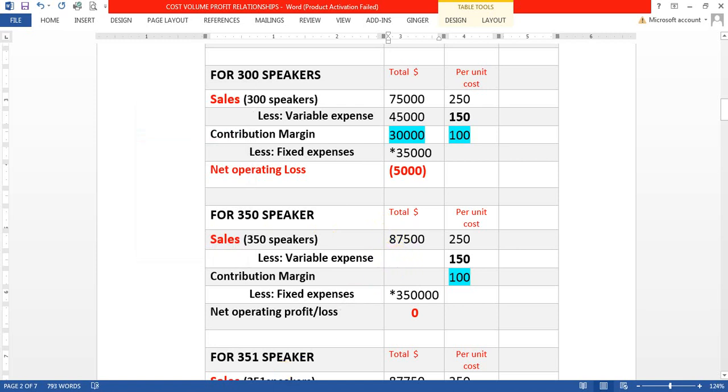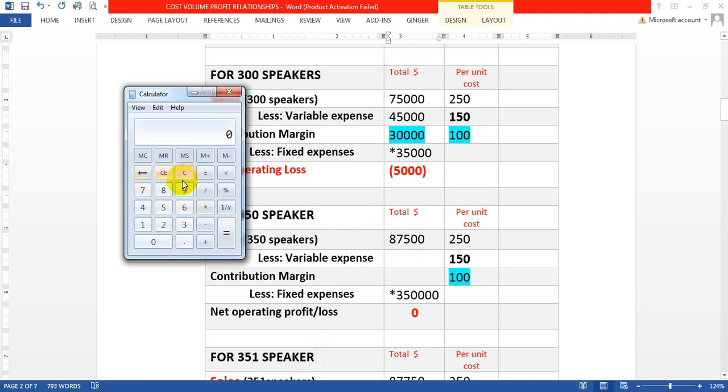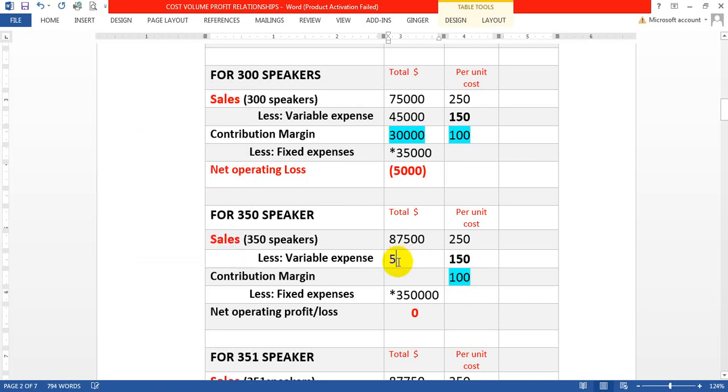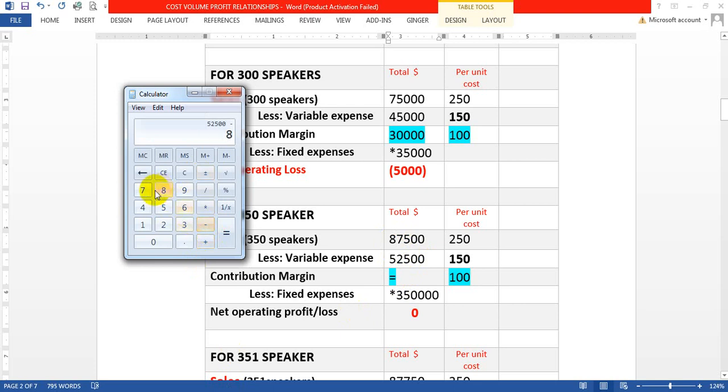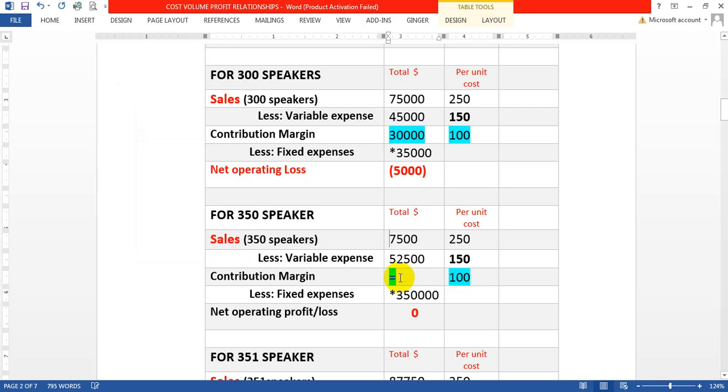Okay, what is my variable expense? Variable expense, 150 multiplied by 350 units, is 52,500, right? Now the contribution margin is sales minus variable expenses: 87,500 minus 52,500 gives 35,000. So my contribution in this case is 35,000. 87,500 is my sale on 350 speakers.